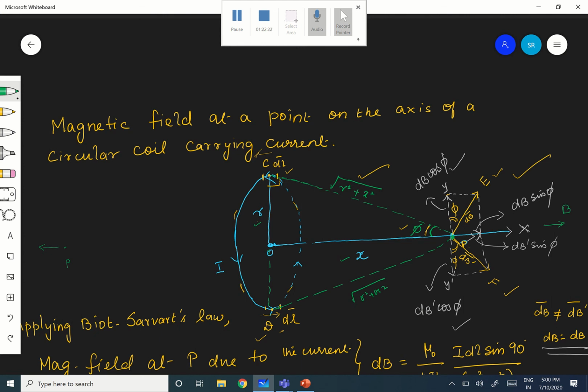Are you following? Therefore, I am going to consolidate. If the point is to the right of the coil, how will the field vary, and if the point is to the left, how will the field vary?